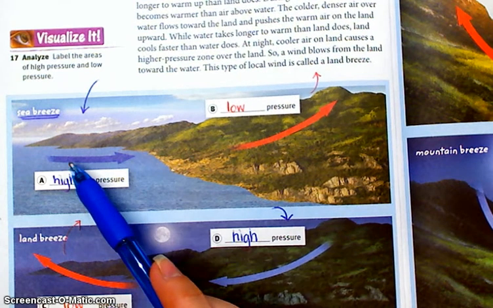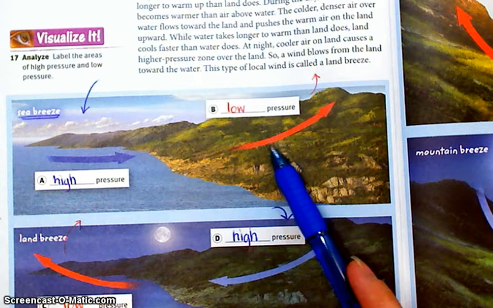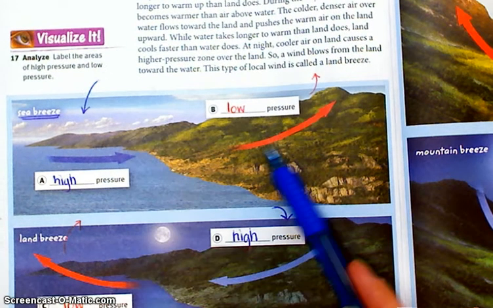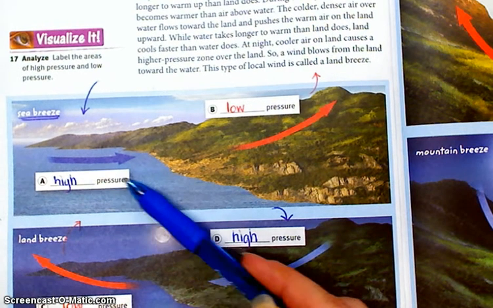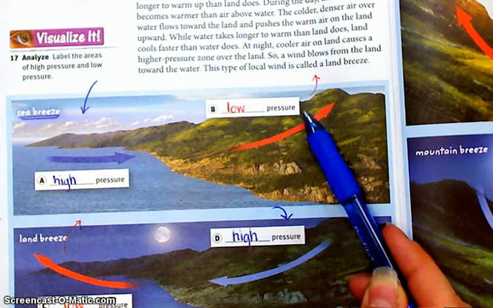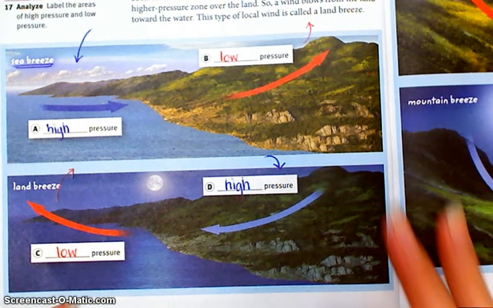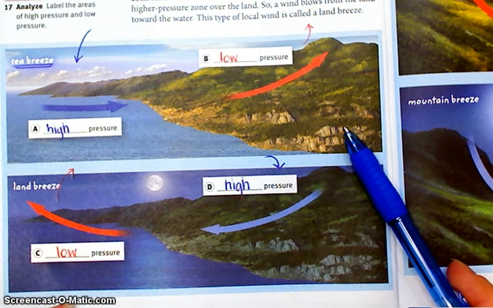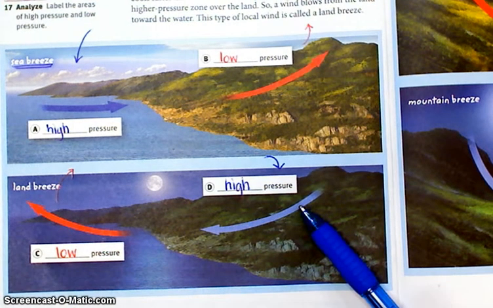So during the day, you have the wind coming off the water, going over the land, heating up and rising, and you get this circulation where you have descending air over the cooler water and rising air over the warmer land. Well, at night, it's just the opposite. Okay? Not only does land heat up more quickly than water, it also cools down more quickly than water.